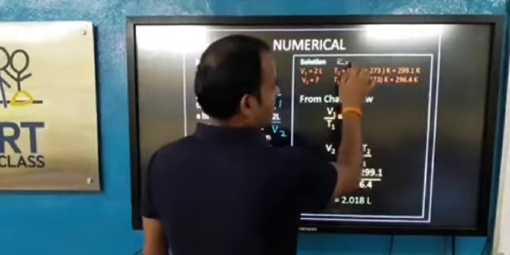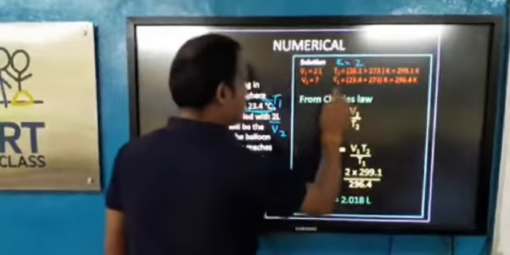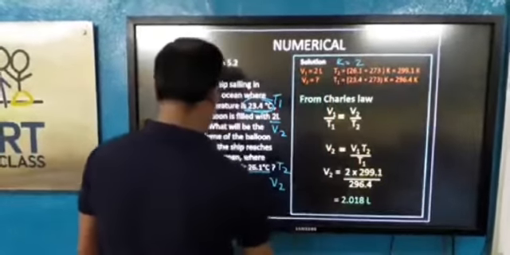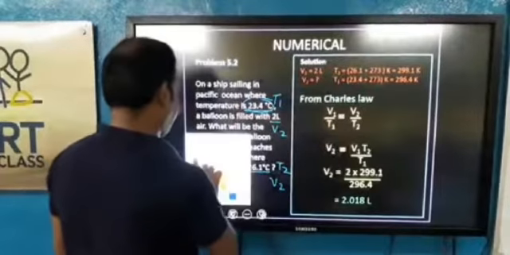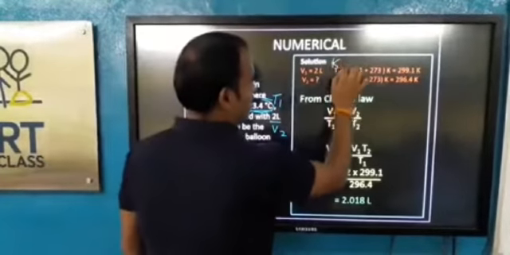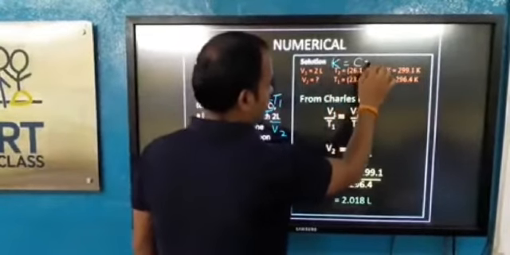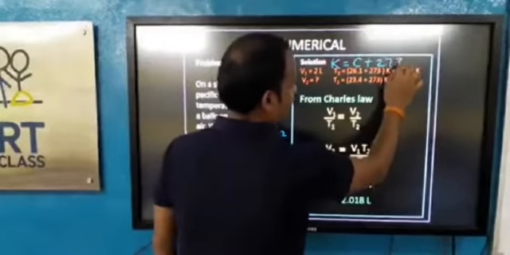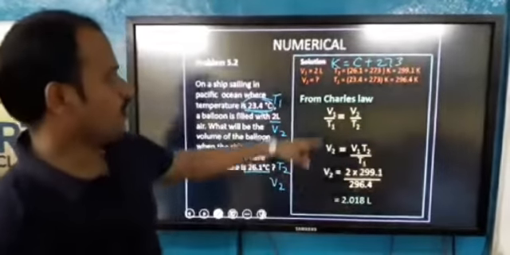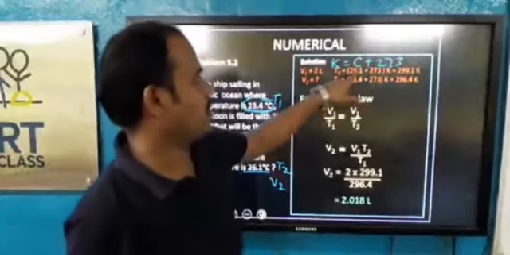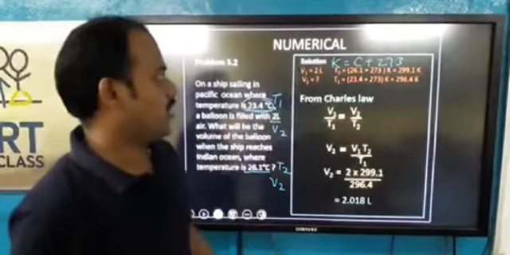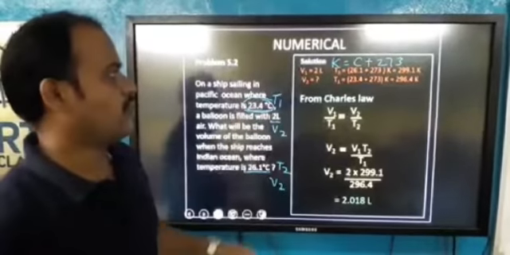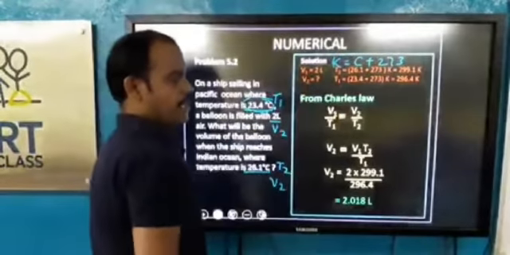K is equal to C plus 273. So convert 23.4 degrees C into Kelvin scale.